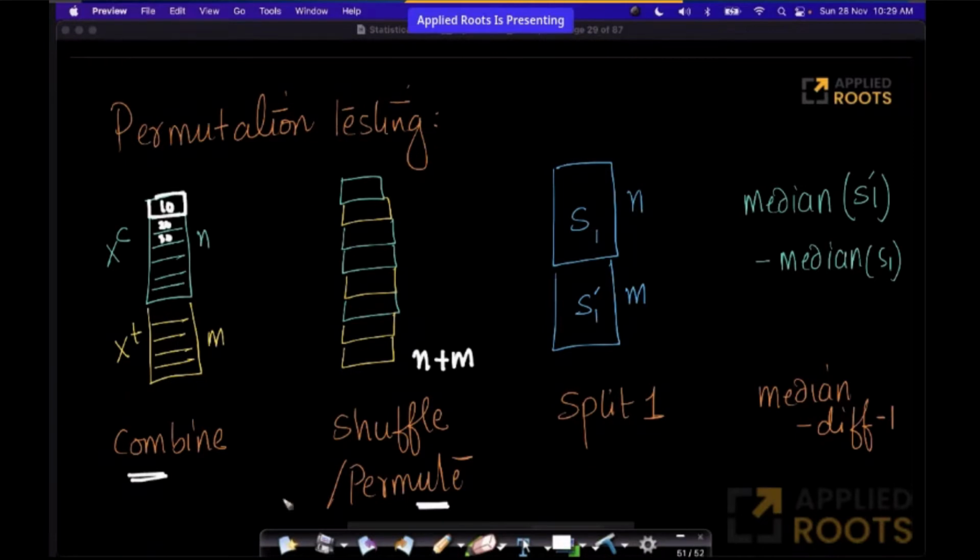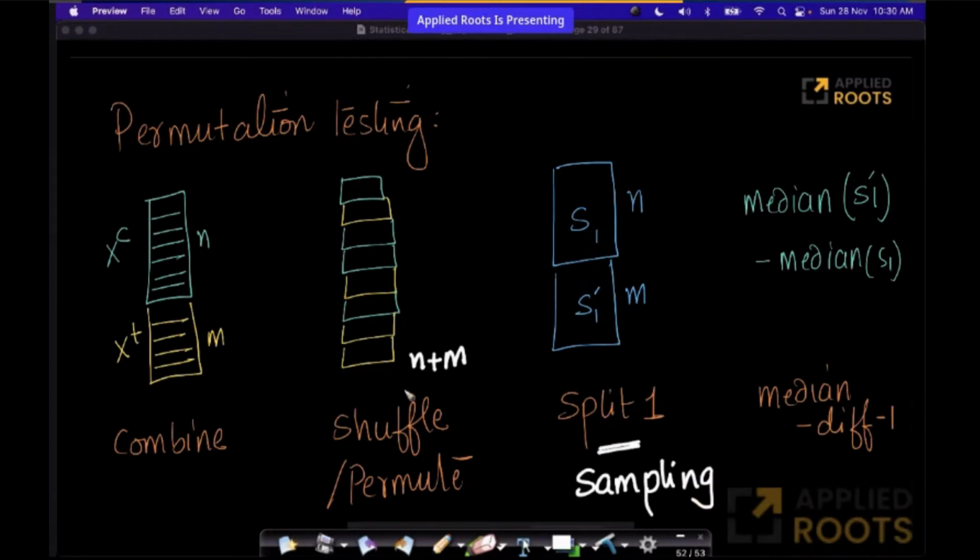After we shuffle, remember, we have an array of n plus m observations. We break this whole array into 2 sub-arrays. This is called splitting, also called sampling or resampling. So we take this whole n plus m, which is randomly shuffled.